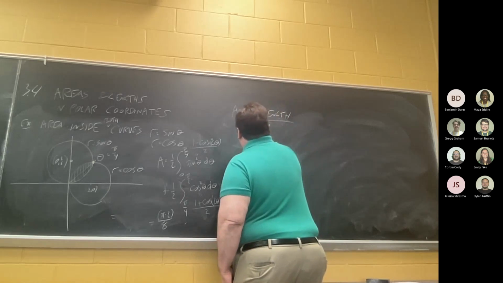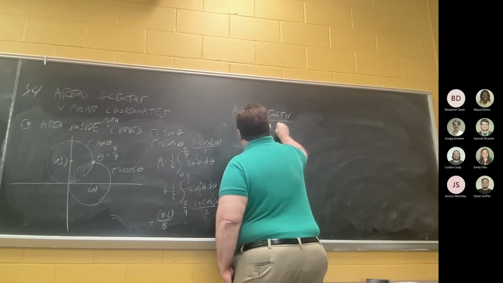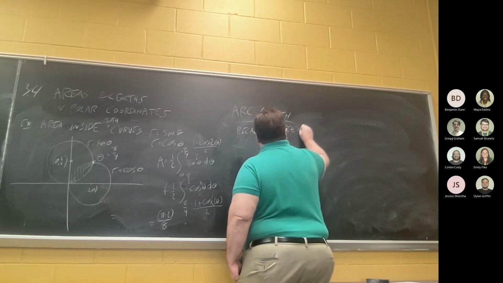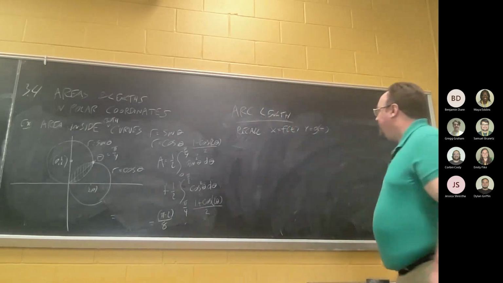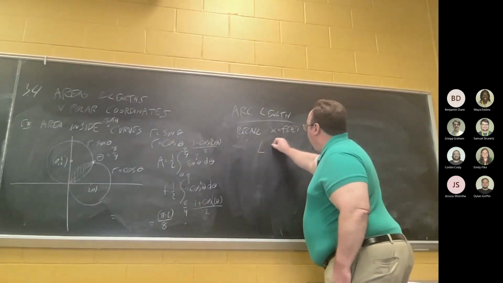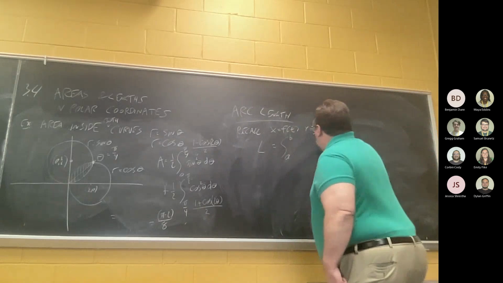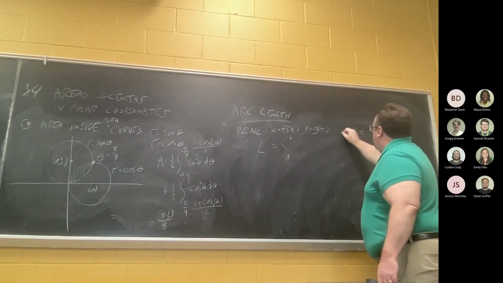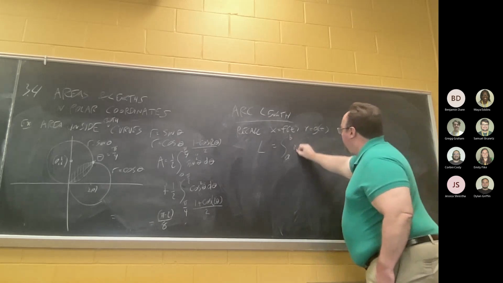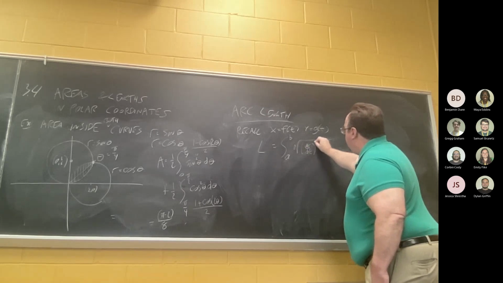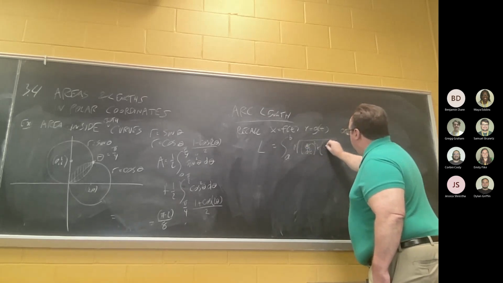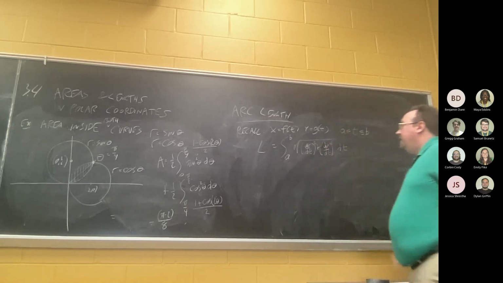When we look at the formula for the arc length of a parametric curve, where x and y are both functions of t, the arc length formula is the integral from a to b of the square root of (dx/dt) squared plus (dy/dt) squared, dt.